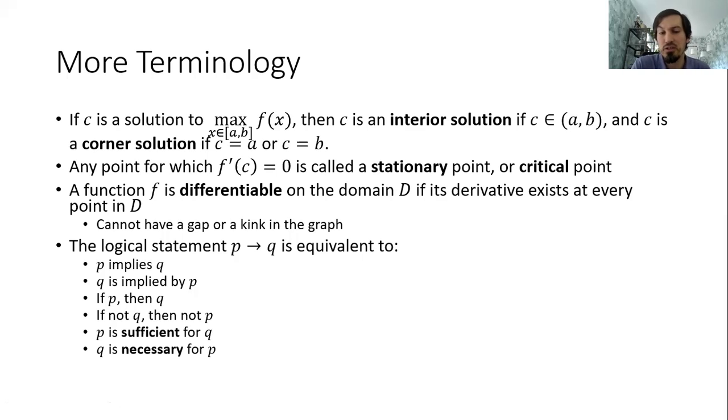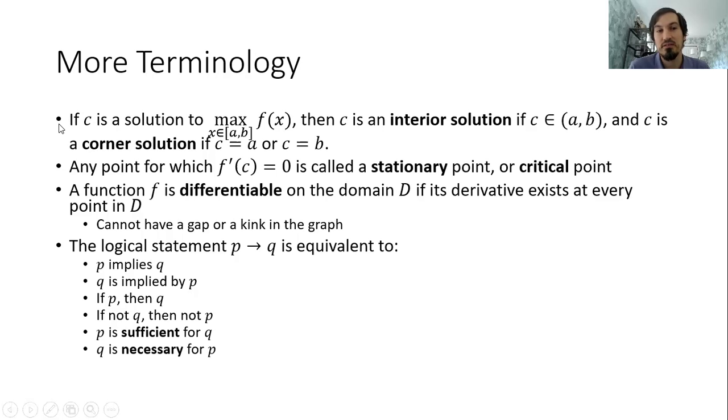What might you be trying to show in this class? You might be trying to show that the function f of x is maximized on the interval a to b when x equals c, and c is an interior solution.